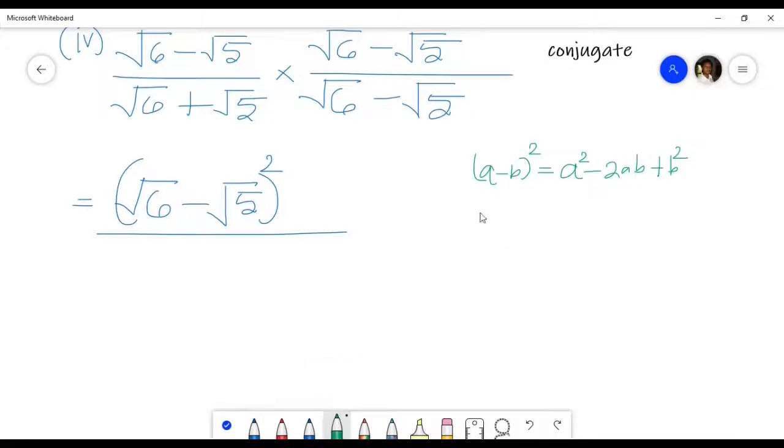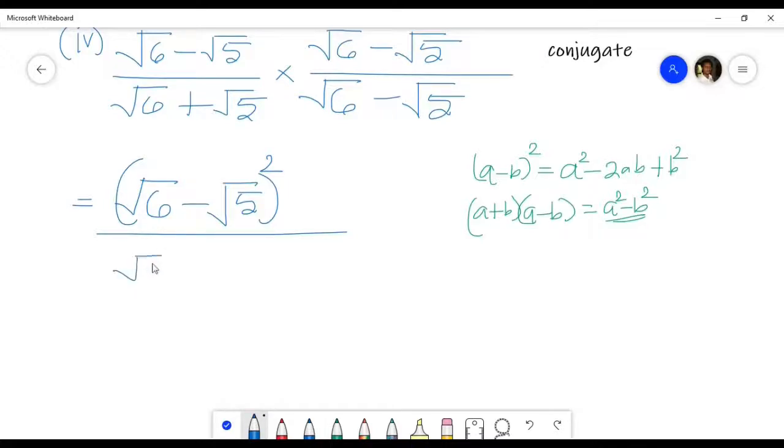And if you see the denominator of both of these terms, they are in the form of a plus b into a minus b, whose expression is a square minus b square. Okay, so we will write it in that form.